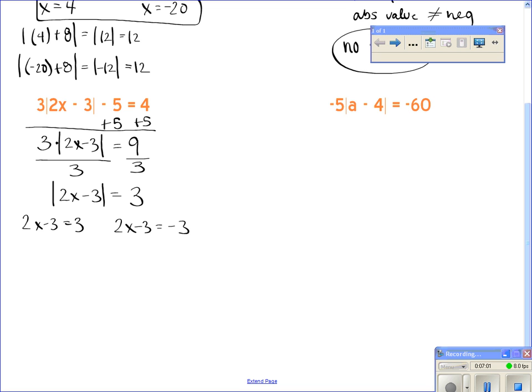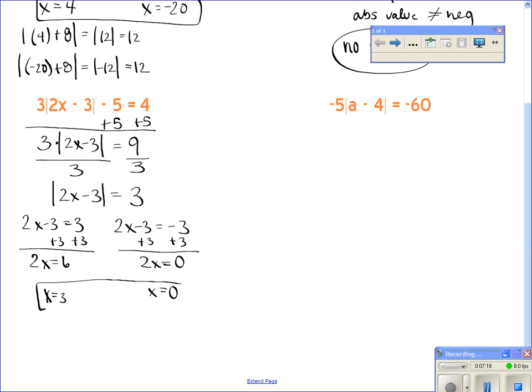And then we're just going to solve for x on both of these. So you get 3 and 0.